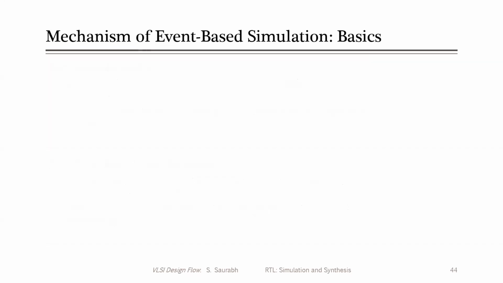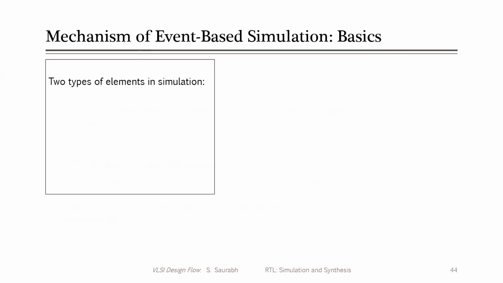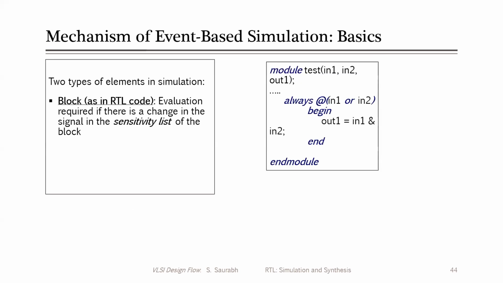Now what is the mechanism of event based simulation? In Verilog, there are two types of elements in simulation. One is the block of RTL code, right? You have the RTL code, and inside this you have a block. So this block constitutes one of the types of elements in simulation.